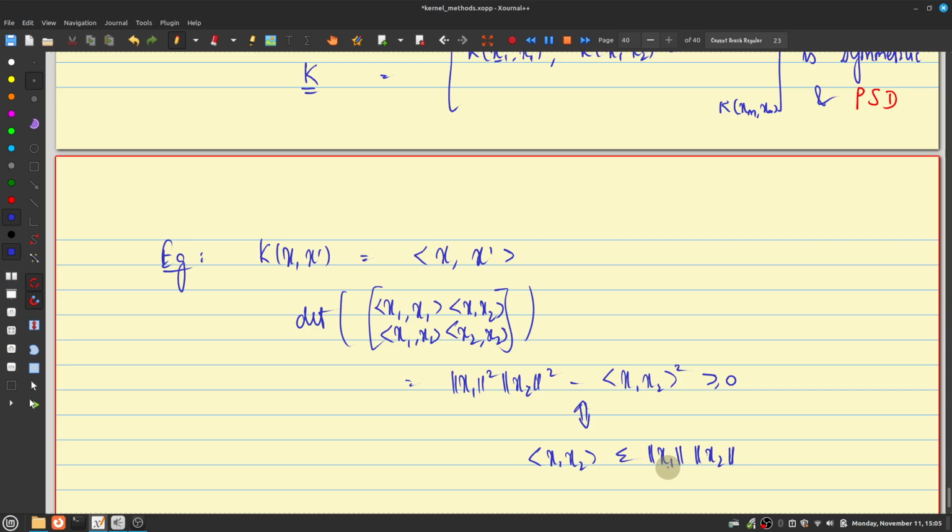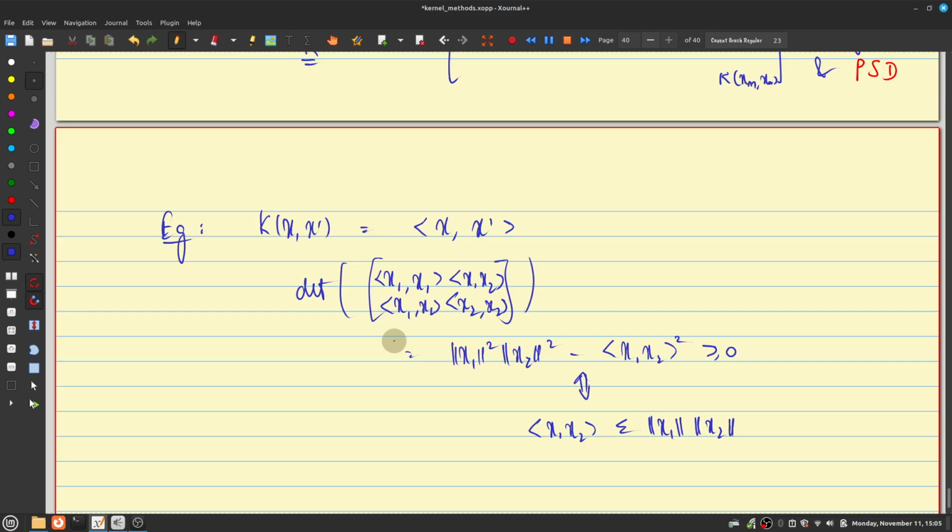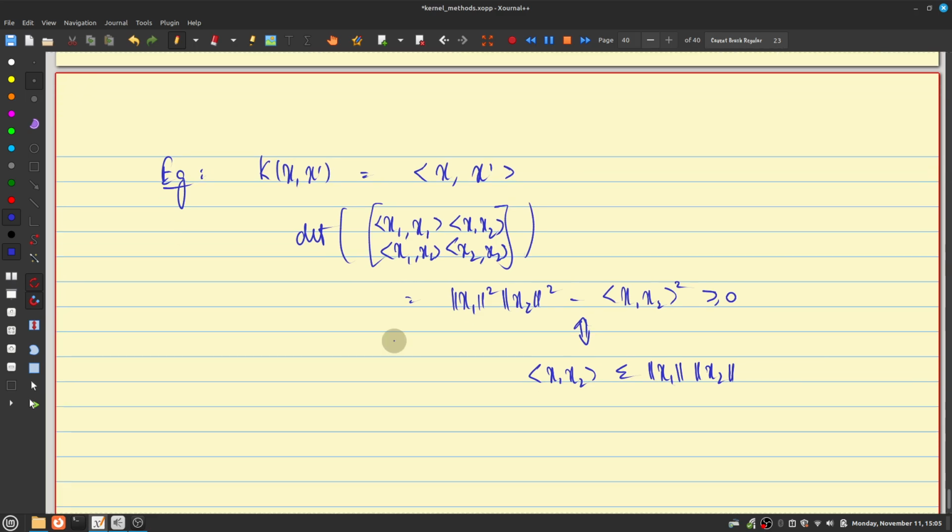That's another way of saying that the determinant is always non-negative. So effectively what you've shown is a proof of the Cauchy-Schwarz inequality, right? No, it's not sufficient, it's necessary, right?